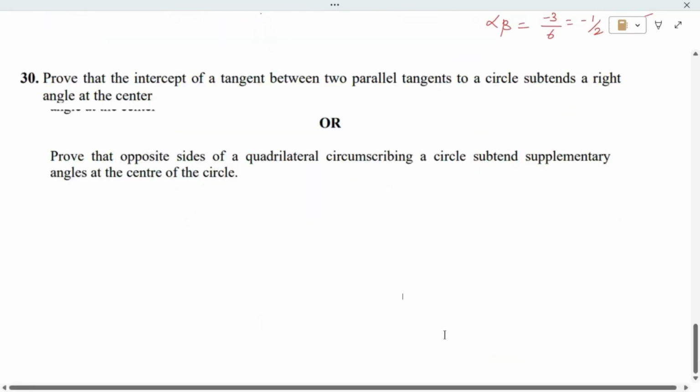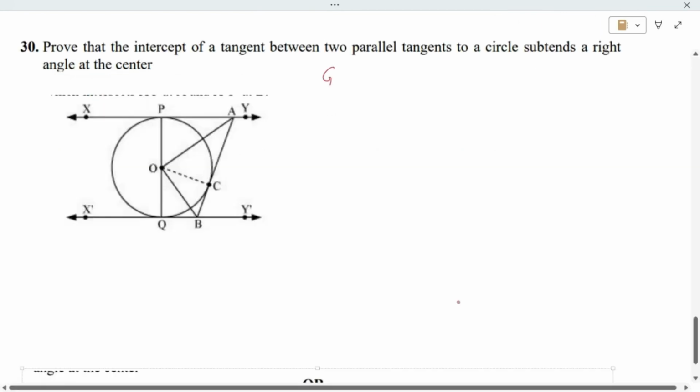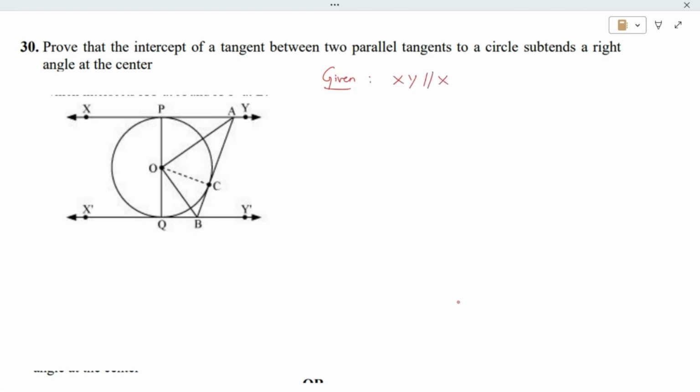Question number 30 is an internal choice question, and let's solve the first question of question number 30. Let's write the given. So I know that two parallel tangents are XY, that is parallel to X'Y', and these two are tangents, right?